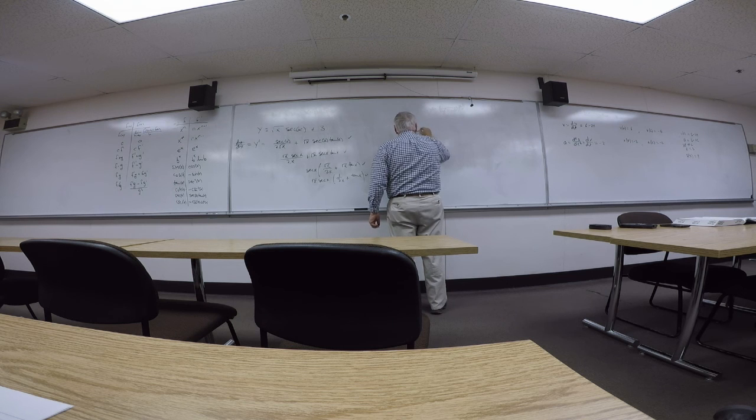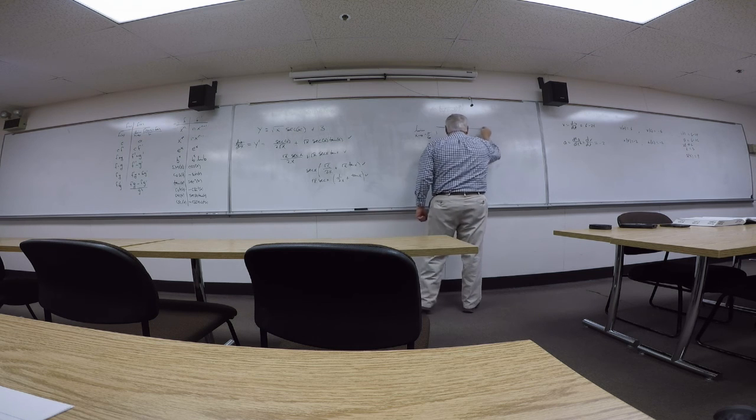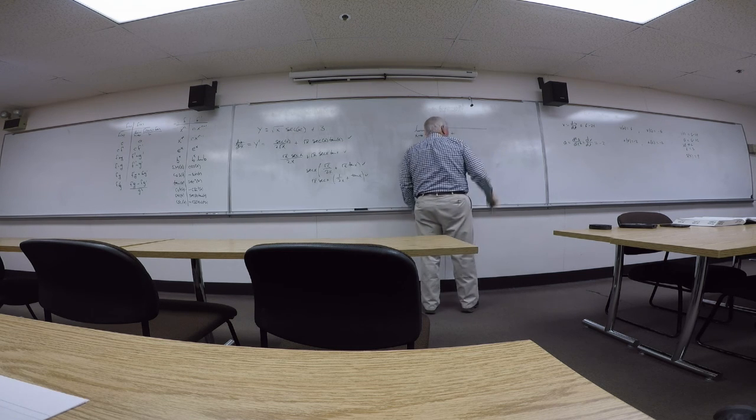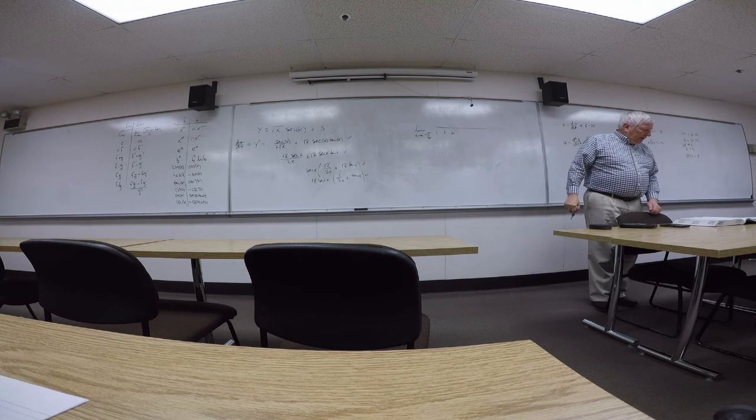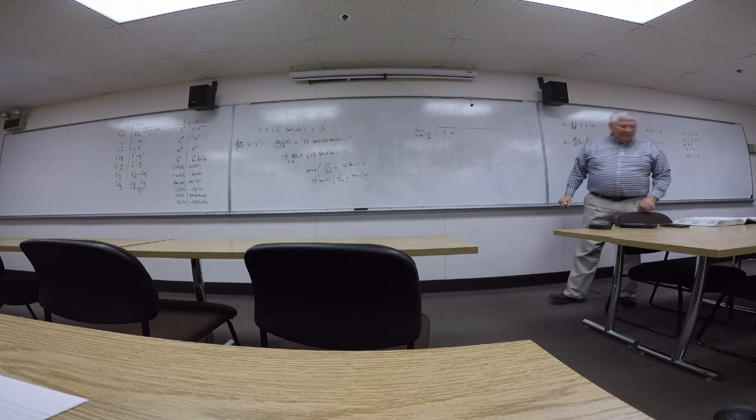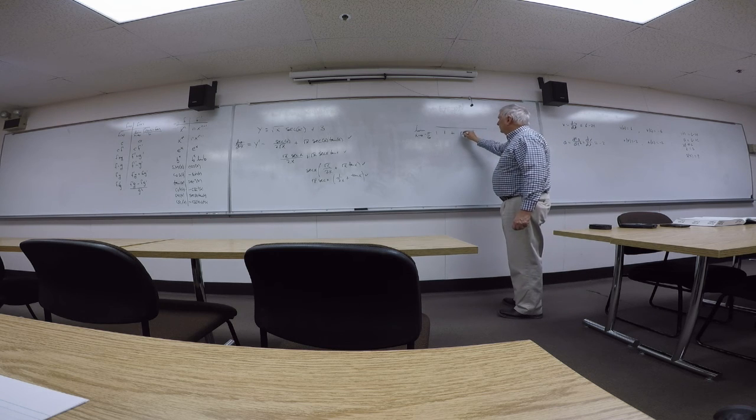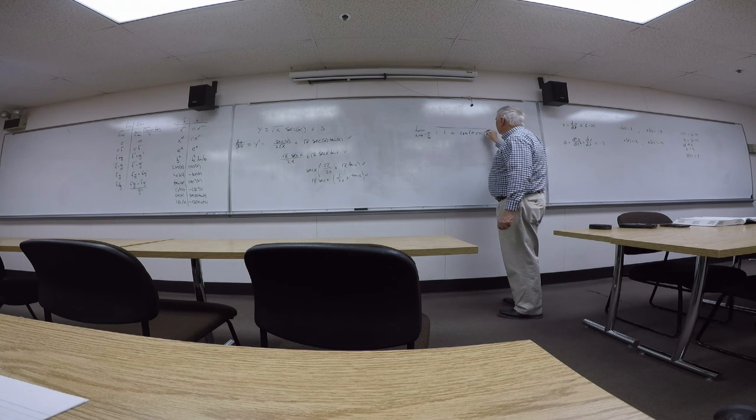Limit as x approaches minus pi over 6 of the square root of, what is it, 1 plus the cosine of pi times the cosecant x.